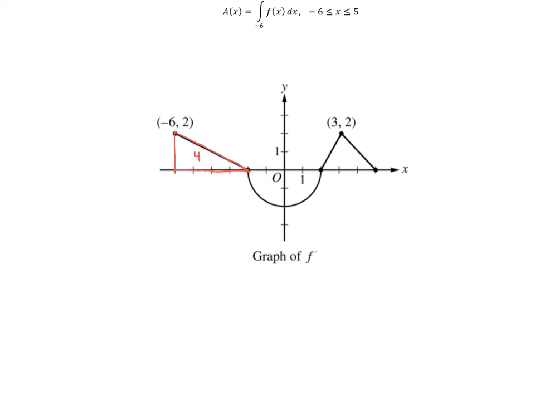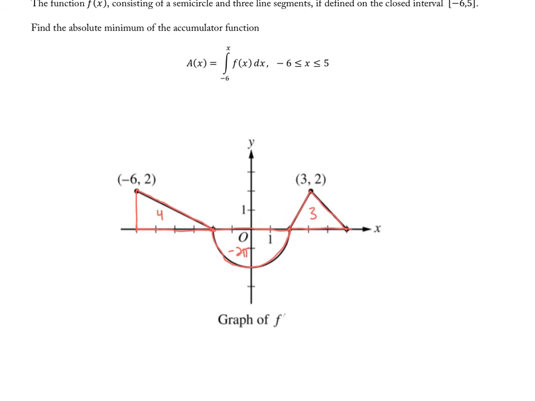The area for this semicircle down here, the full circle would be 4 pi, so this whole thing is 2 pi. And it's negative since it's below the x-axis. And then this last triangle, base is 3 and the height is 2. So that area is just going to be 3.